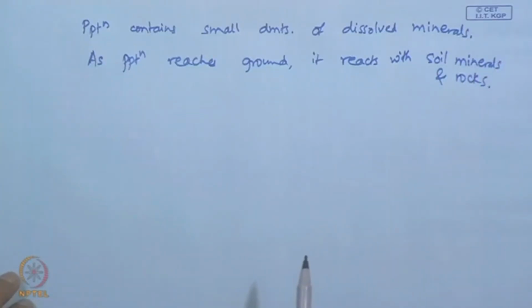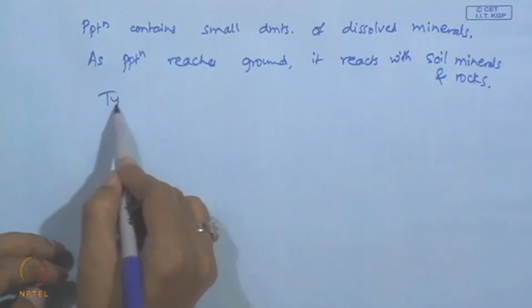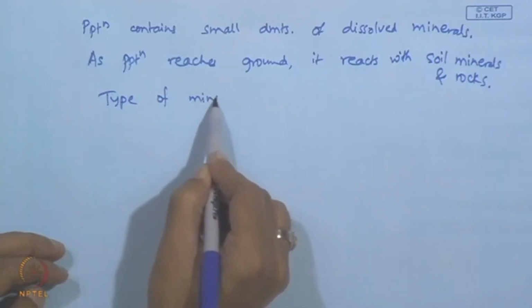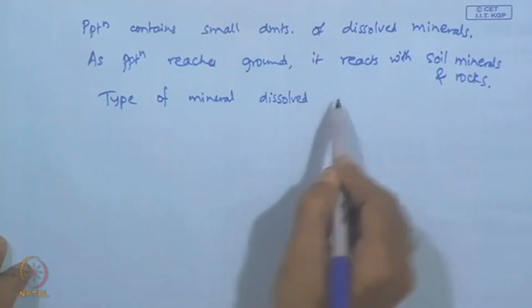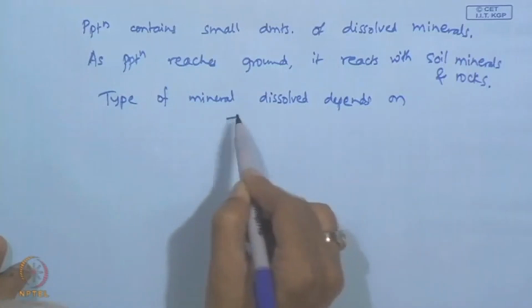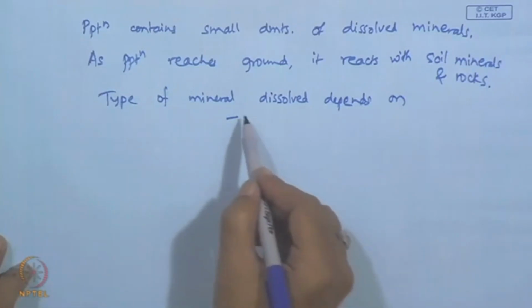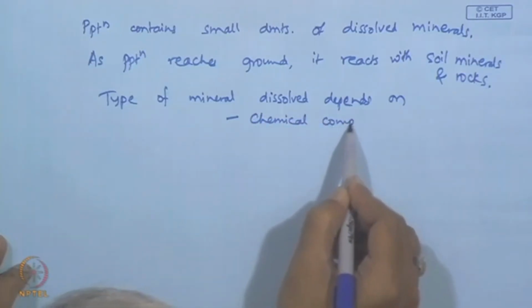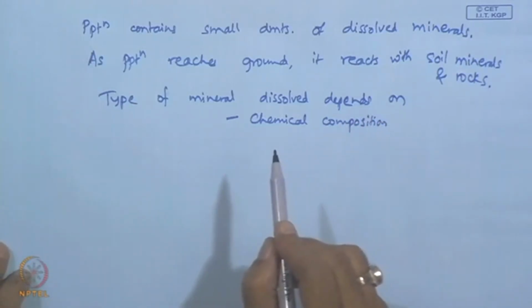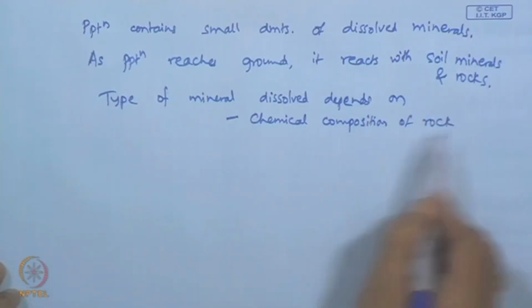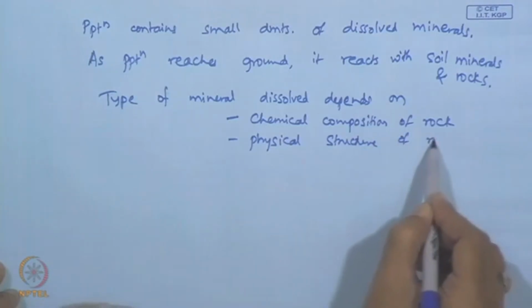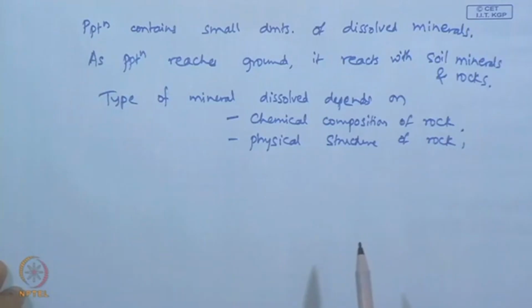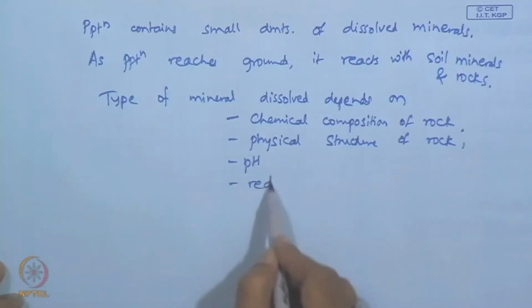And here, the type of mineral dissolved depends on the chemical composition of rock, the physical structure of rock, and also on the pH and the redox potential.